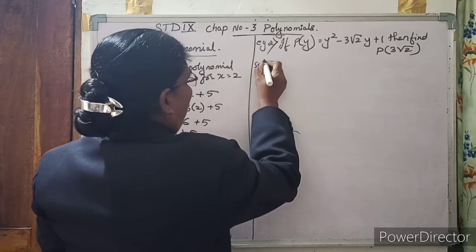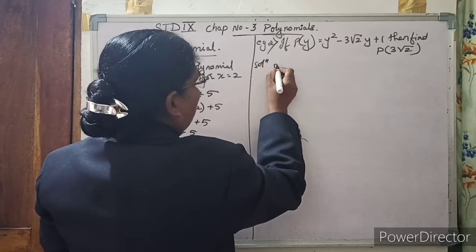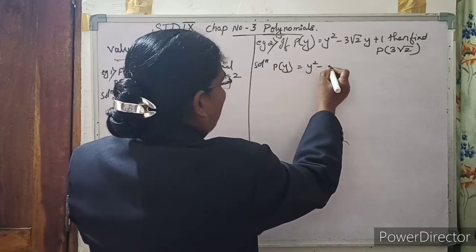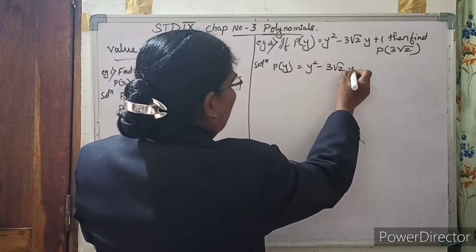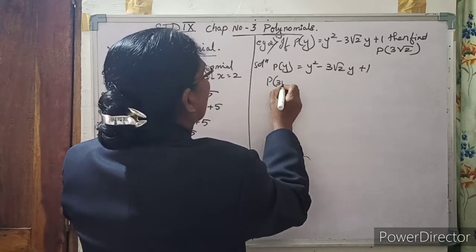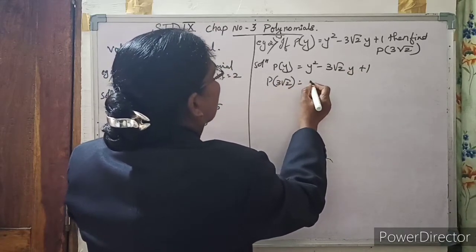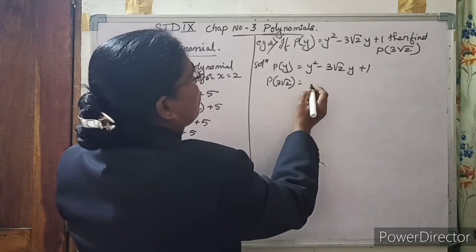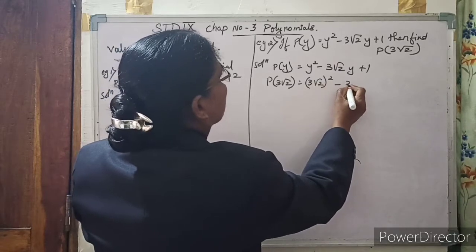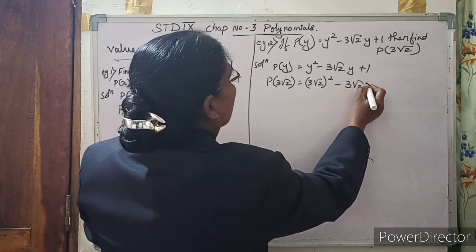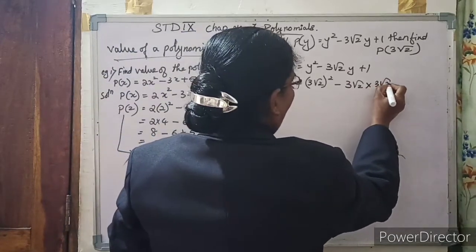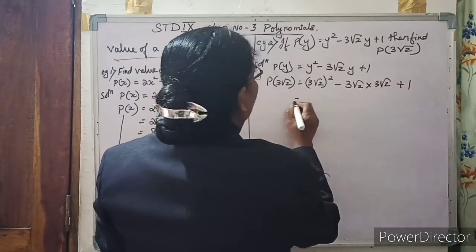Take p(y), which is y squared minus 3 root 2 y plus 1. Now p(3 root 2) equals, wherever y is there, substitute this value: (3 root 2) whole square minus 3 root 2 into the y value 3 root 2, plus 1.